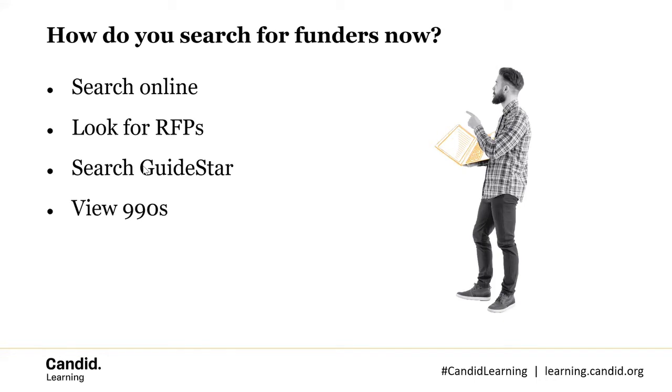I would recommend, I think it's much more efficient to find funders who are going to actually fund you. It's much more efficient to use Foundation Directory Online, either the Essential Level Edition or the Professional Level Edition, to find funders.